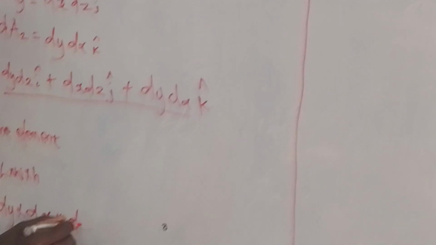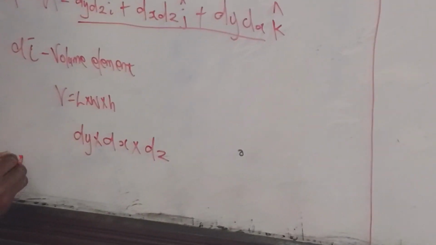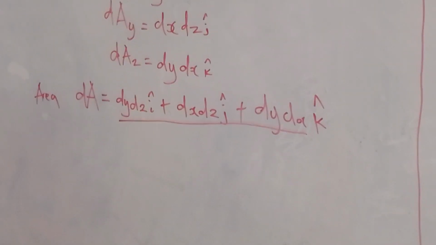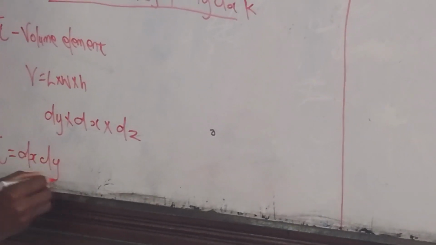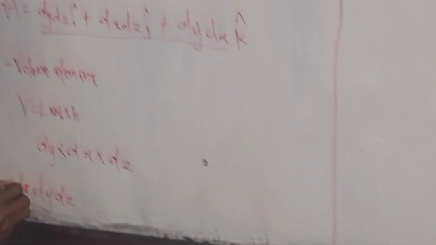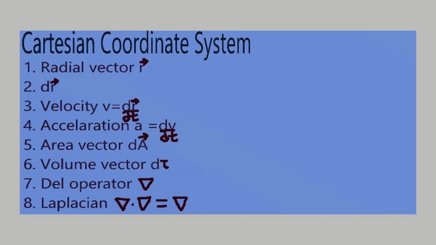So this is our volume element here, and our area element is highlighted in bold here. So we have obtained our radial vector, area element, and volume element.